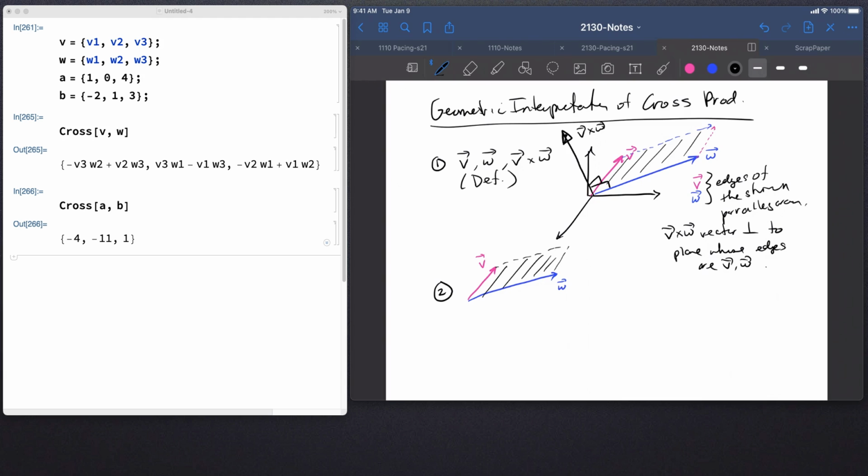Right, and the cross product has something to say about the geometry here, that if you were to compute the magnitude of the vector v cross w. Now remember, we know how to compute a length or a magnitude of a vector. We need to take that vector and dot product it with itself, and then take the square root. So here is the length of the vector v cross w.